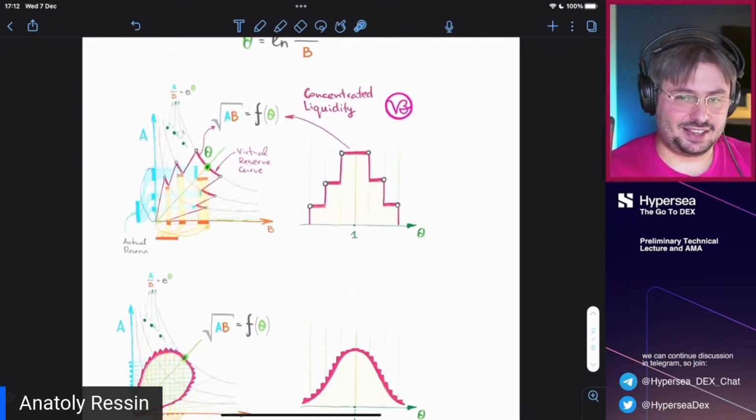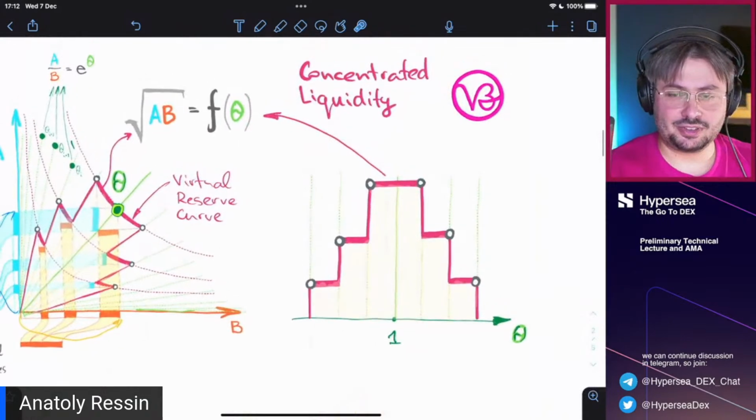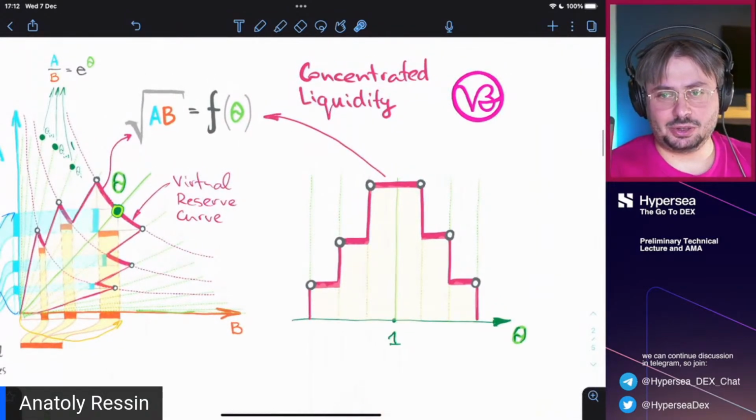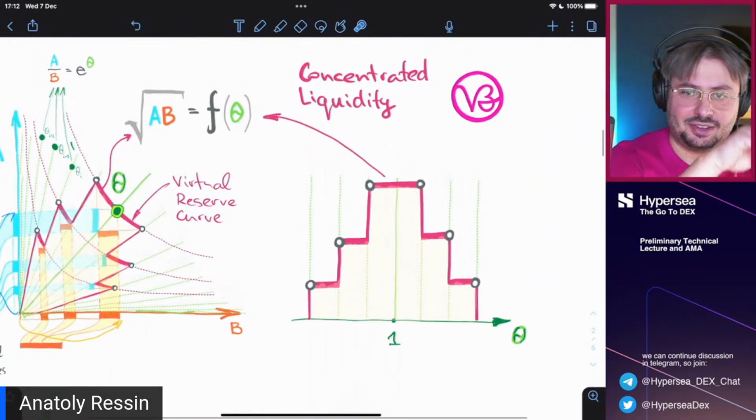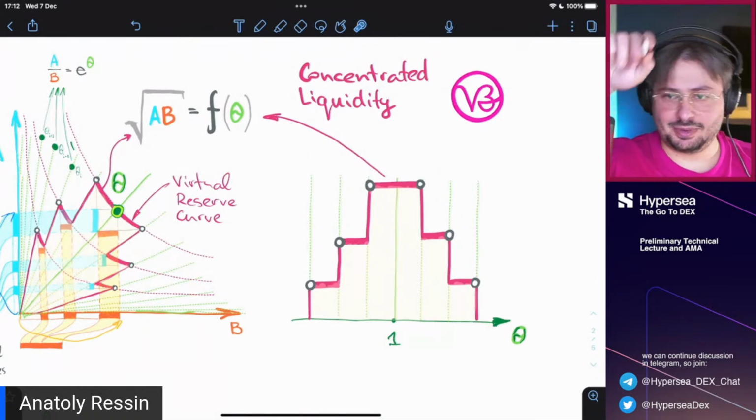So let's say that in Uniswap version 3, liquidity always looks like such a step.